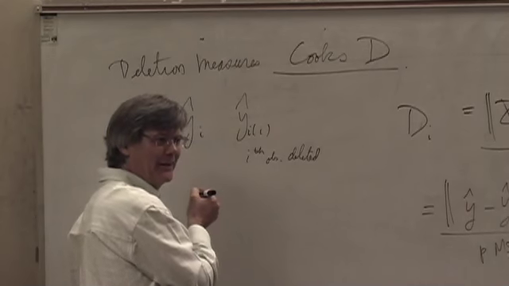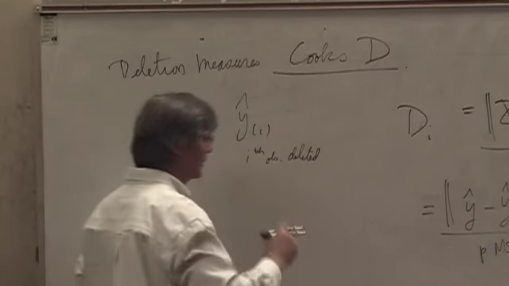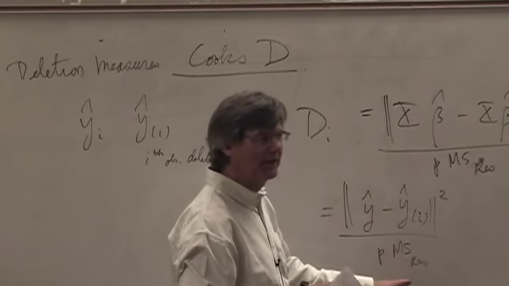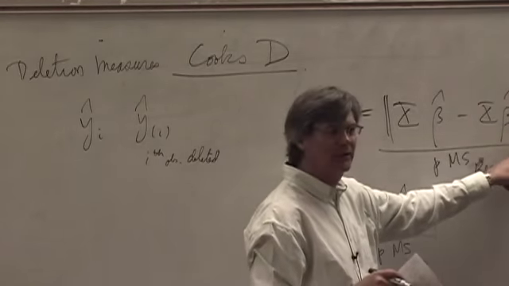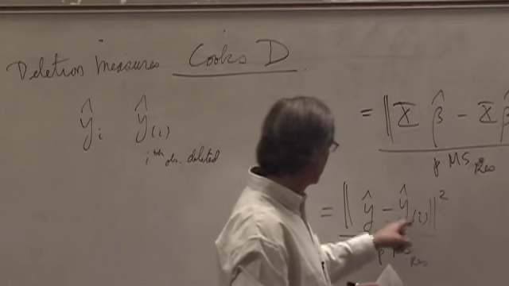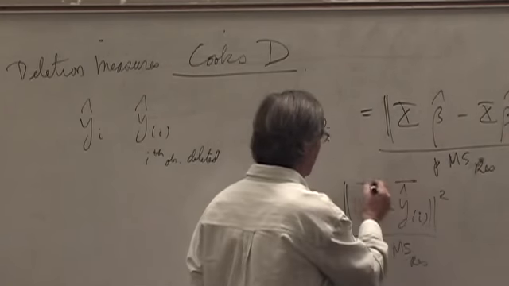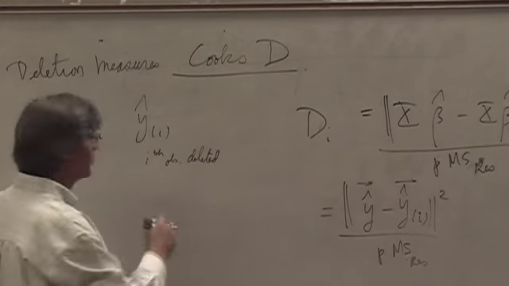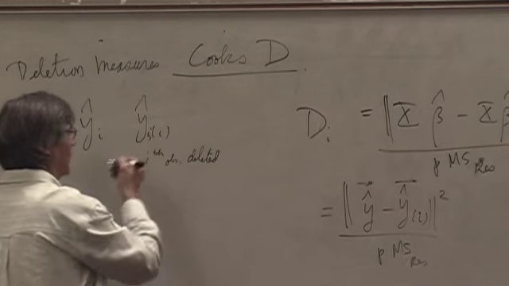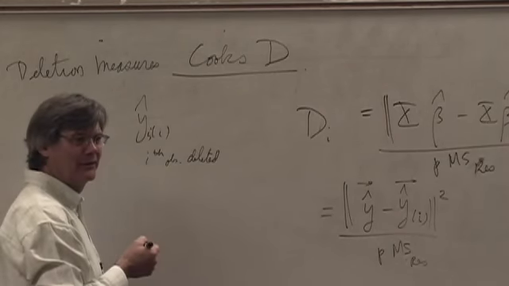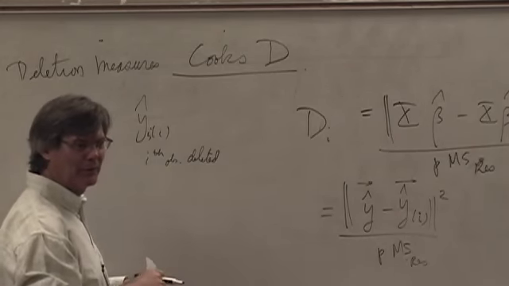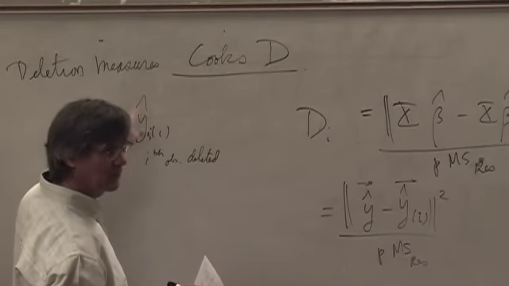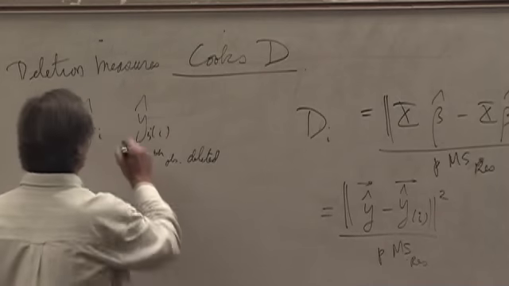But I can still talk about the whole vector of deleting the ith observation of the y hat vector. That's what x beta hat deleted i is. So this is really the whole vector, versus just the one observation at the ith point. So I can talk about this at the ith point, and that's whether the predicted value at observation i changes much between these two.